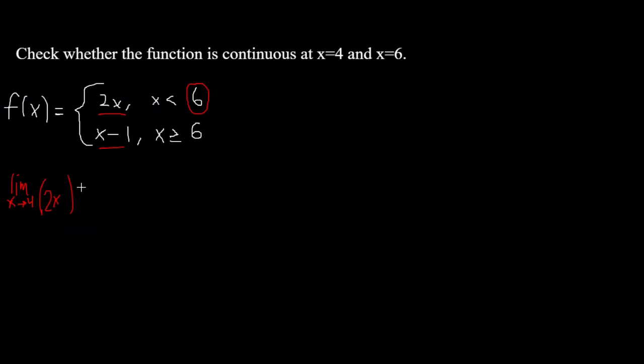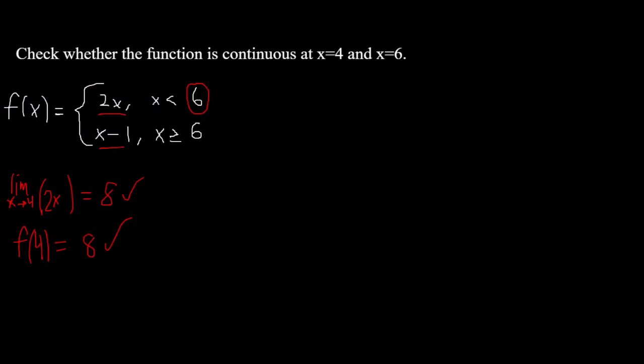And that would be 8. Next, we have to find f of 4. That's also 8. Finally, does our limit as x approaches 4 equal f of 4? If so, good, it's continuous, and we don't have to do anything else. You can just write it is continuous, or something of that sort.